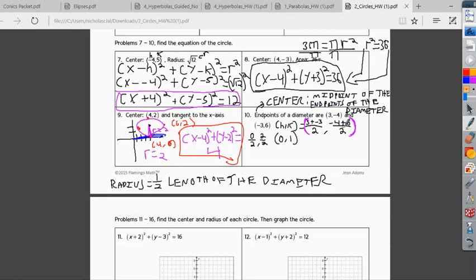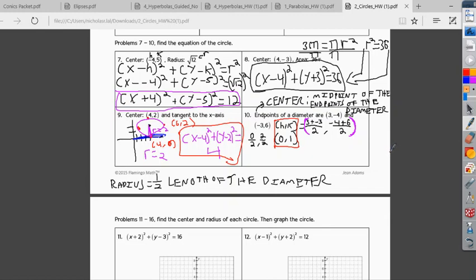Now we need the distance between these two points. (h, k) is (0, 1); that's one component. The other component is the distance. The distance between these two points is the square root of (x2 minus x1) squared plus (y2 minus y1) squared.